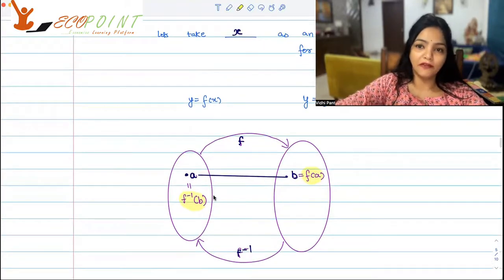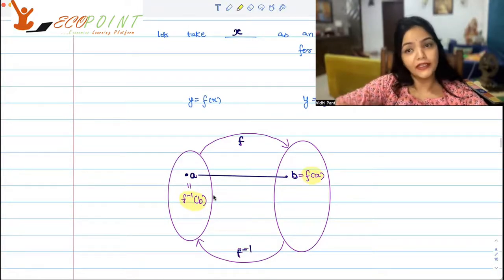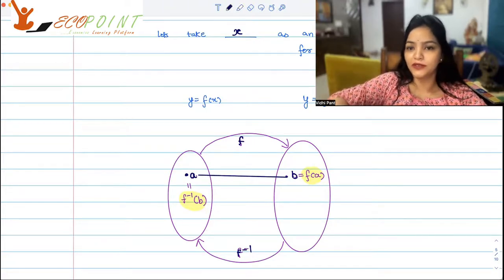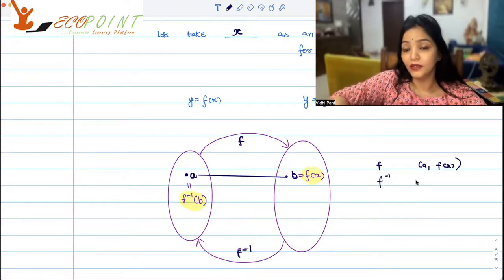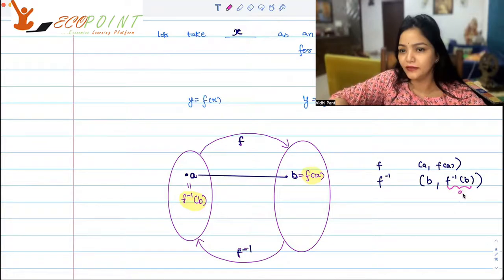So when it's a graph of f, the point on the graph is (A, B) or (A, f of A). And when it is the graph of f inverse, the point will be B is your input and f inverse B is what you get as an output. Well, f inverse B is nothing but A and f of A is nothing but B.